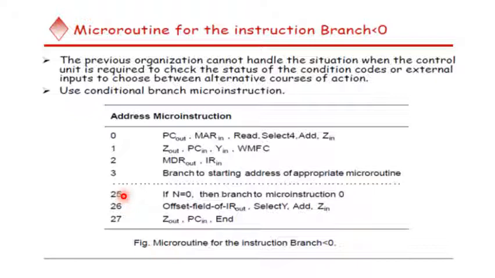The microinstruction at location 25 tests the N bit of the condition code. If this bit is equal to 0, a branch takes place to location 0 to fetch a new machine instruction. Otherwise, the microinstruction at location 26 is executed to put the branch target address into register Z, as in step 4.